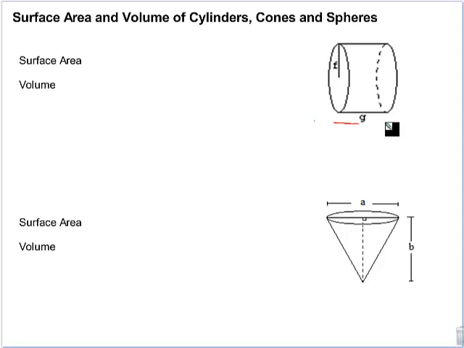So a cylinder is a lot like a prism, and how we find the surface area of a prism is the perimeter times the height plus 2 times the area of our base.